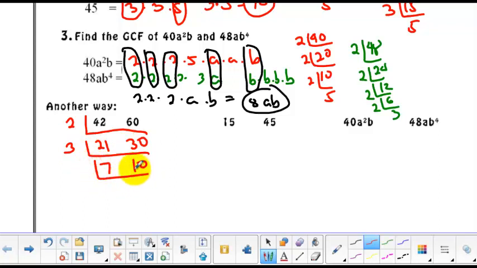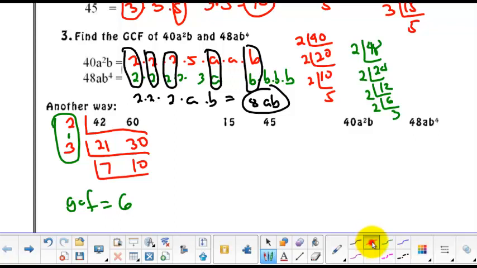There's no prime number that can divide both 7 and 10. So just take the product of 2 and 3, which is 6, and that's the GCF of 42 and 60.